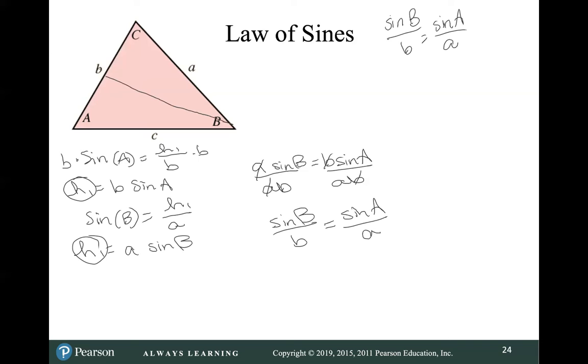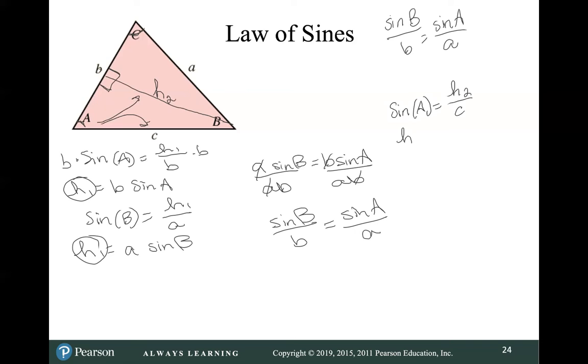So the new altitude, and I could have done either of the other two altitudes, but we really only have to do it one more time. So now I'm going to use angle A and angle C. Now I'm going to call this H2. So we have sine of angle A equals opposite over hypotenuse.